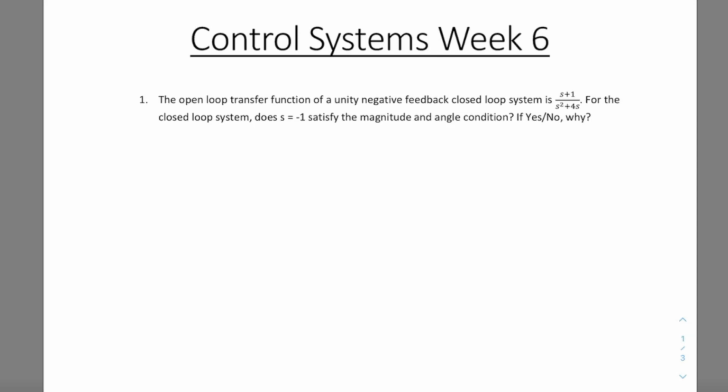When we include a controller with the plant and the closed loop transfer function is obtained, how do the closed loop poles change or vary when we change those controller parameters? That is the essence of root locus.